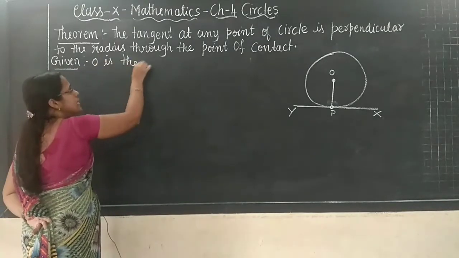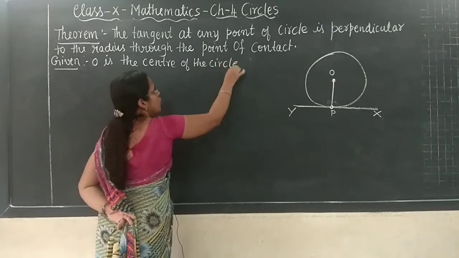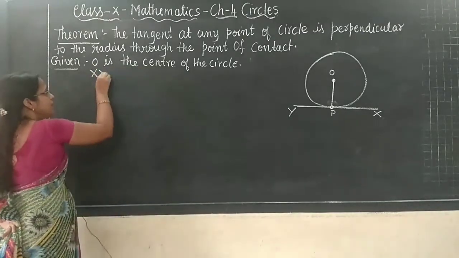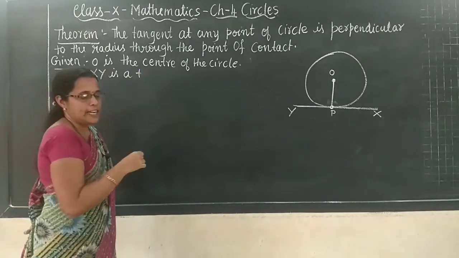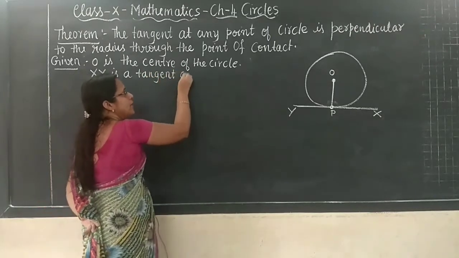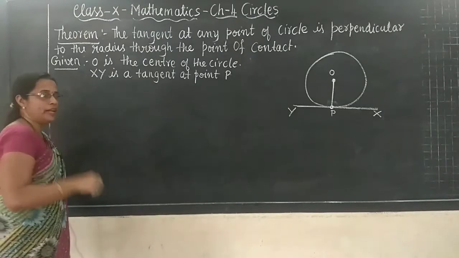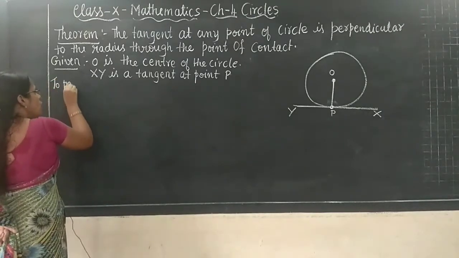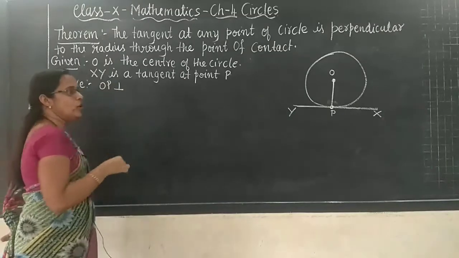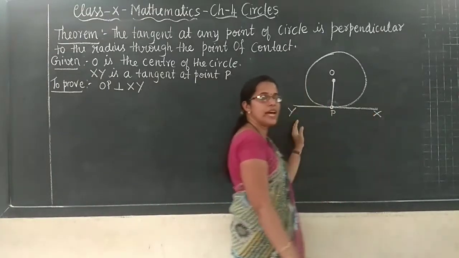Then XY is a tangent to the circle at the point P. So what do I have to prove? OP is perpendicular to XY. That is what I have to prove.